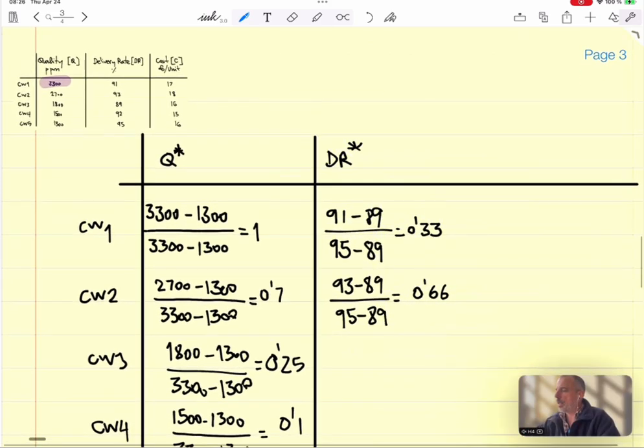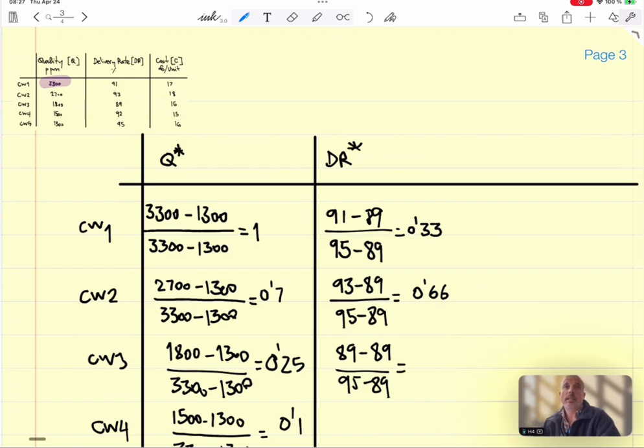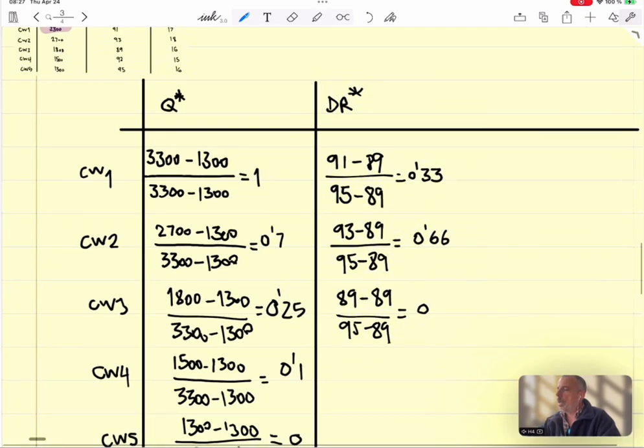The next: 89 minus 89, divided by 95 minus 89. So this gives you 0 because 89 minus 89 is 0. Then the next: 92 minus 89, divided by 95 minus 89. Very good. So this is going to be 0.5.